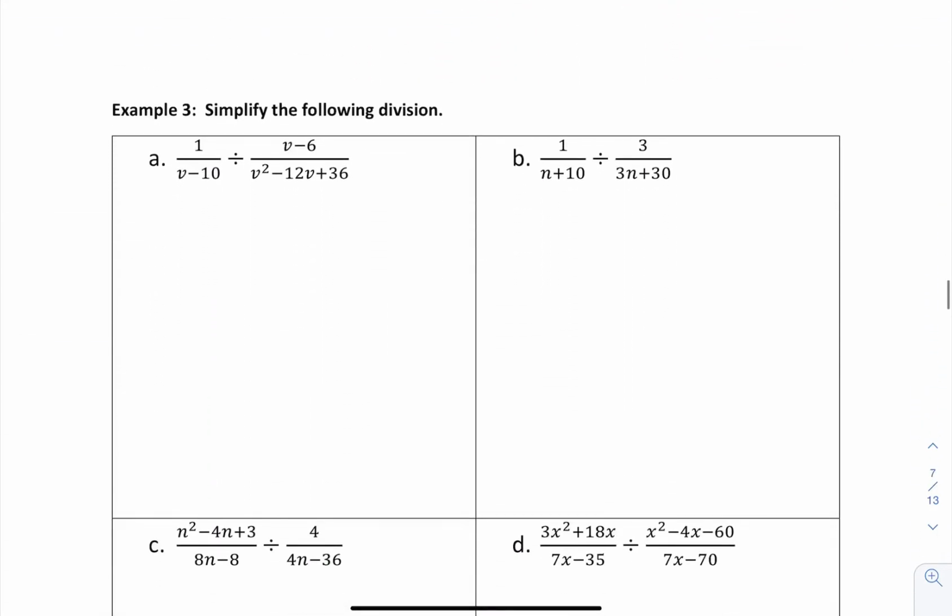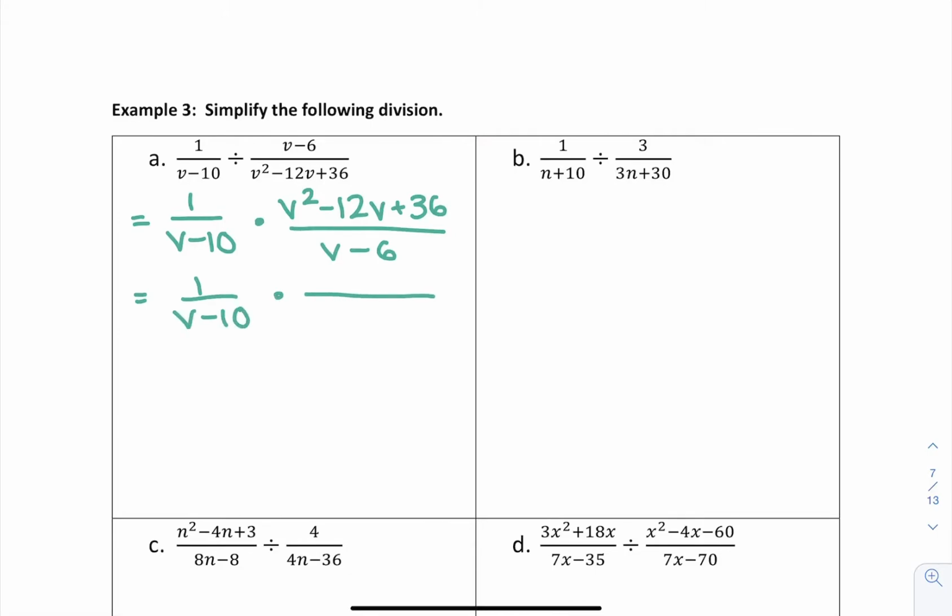Let's try a few more examples. So in this next one, as usual, the first thing we're going to do is keep, change, flip. So keep the first fraction, change to multiplication, and flip the second one. Next up, we're going to factor as much as possible.